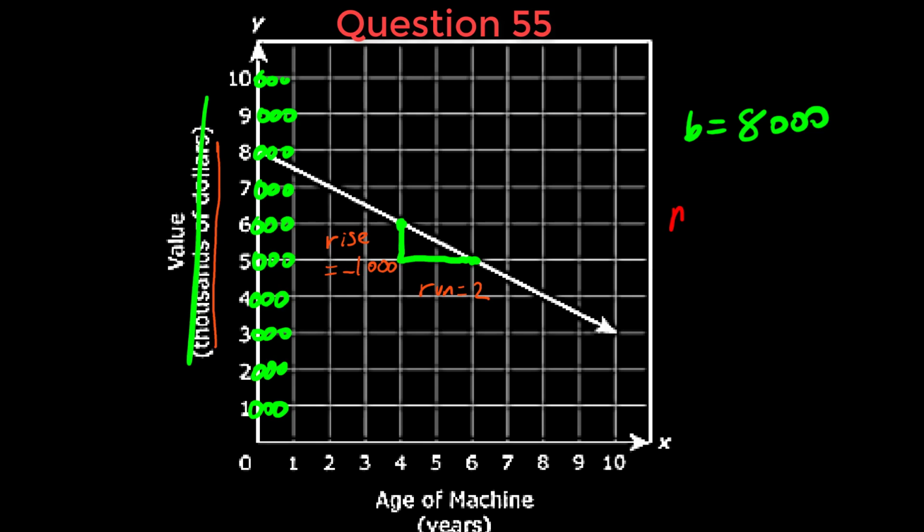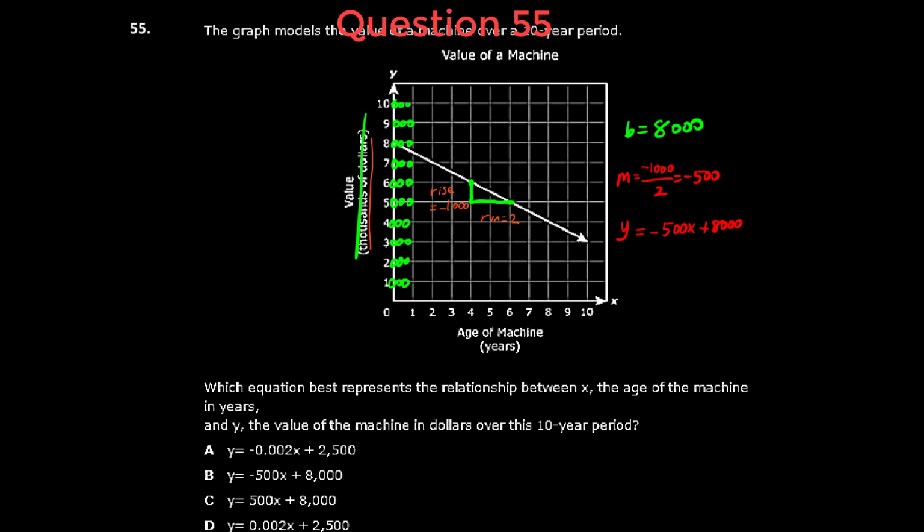So the slope is going to be rise over run, negative 1000 over 2, which is equal to negative 500. So our equation should be y equals mx plus b, negative 500 times x plus 8000. The answer choice that gives this correctly is B.